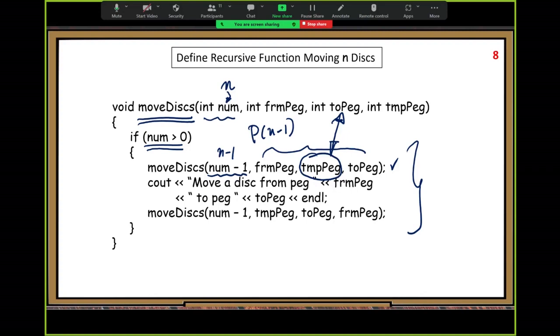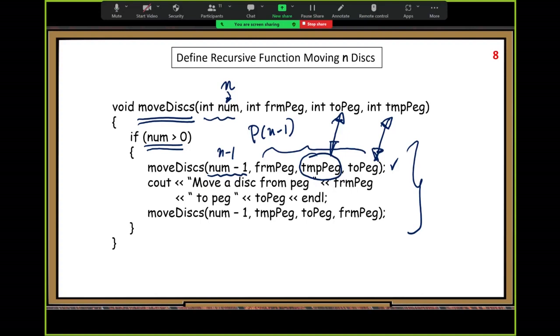That means we treat it as the destination. And the second one, the 2 peg, we treat it as the temporary peg. That's what we do in this recursive call.